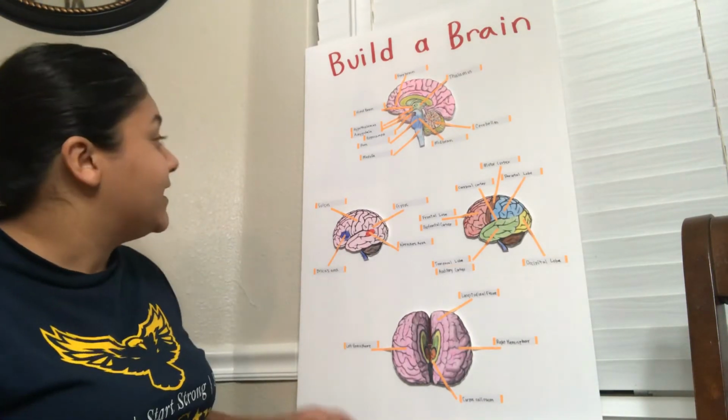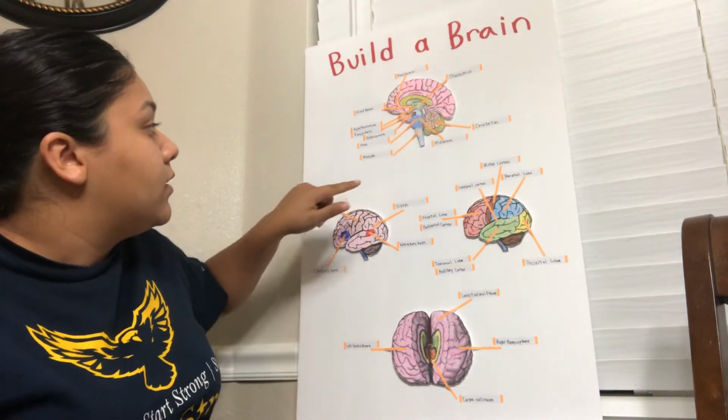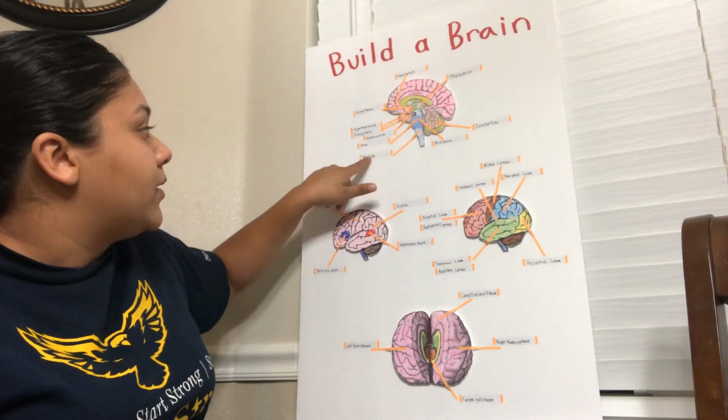Oh geez. Okay, the next one is the cerebellum. This is this orange part right here. Oh, also the pons is this circular part.